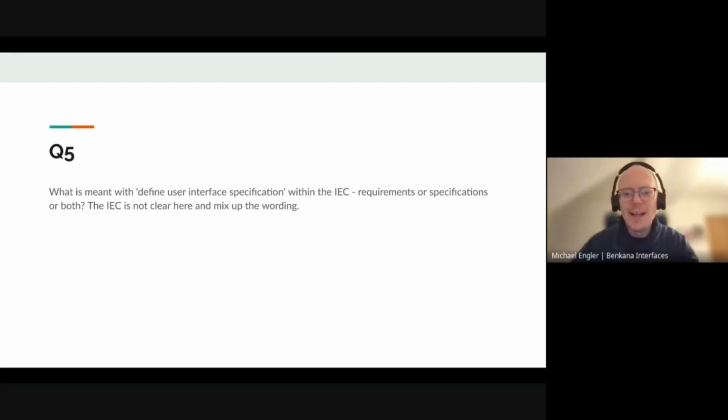Maybe. Let's see. What I tend to do with this is I tend to only put wireframes in there, and never ever any kind of screenshots. I see that happening quite some time, and I heard people talk about this today.